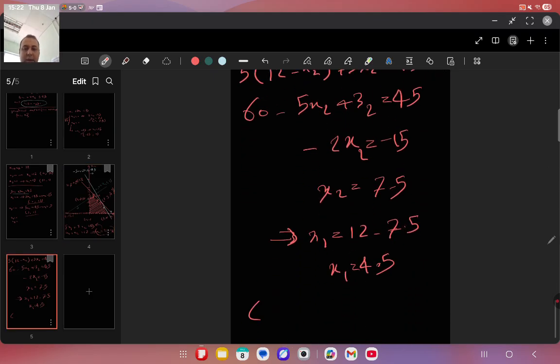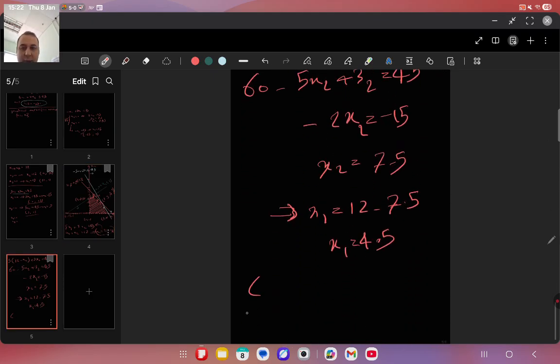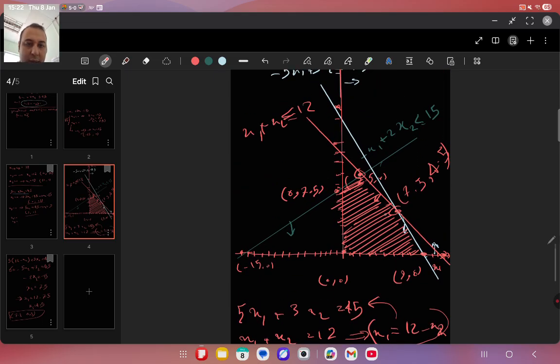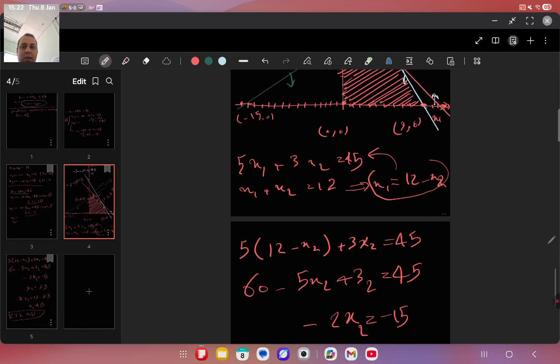Okay, then the next point will be the intersection of this line and this line.